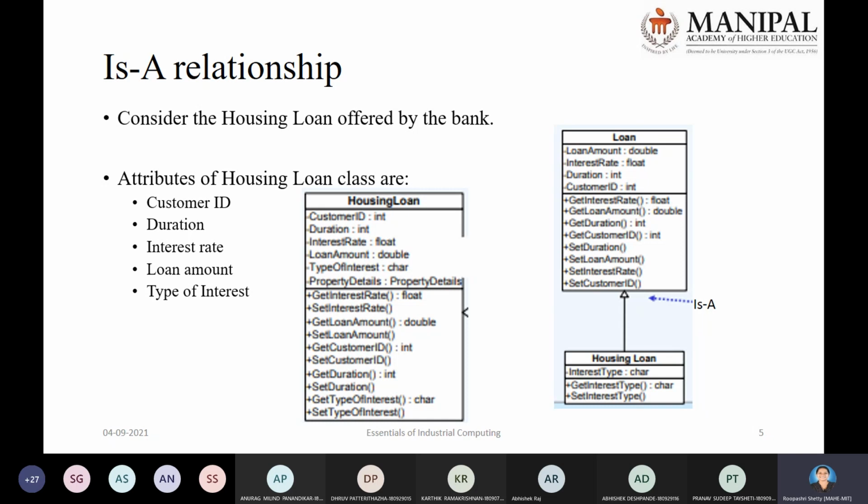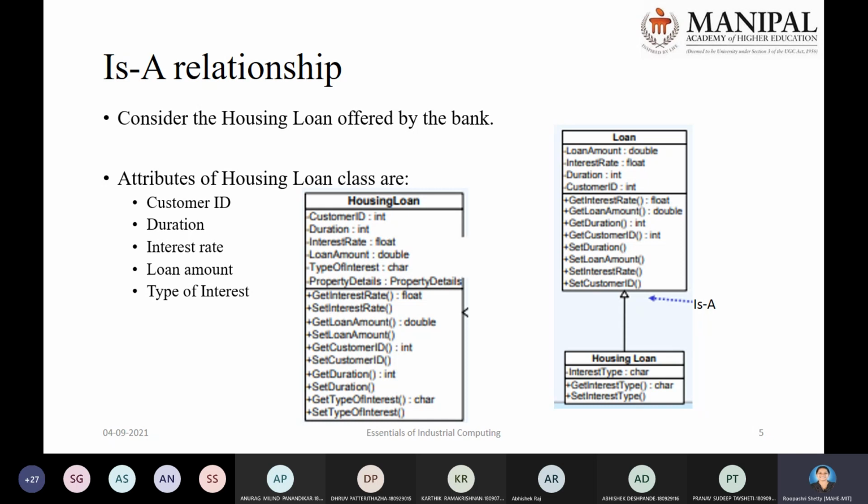It is specifically for a type of loan. Say housing loan has a type of interest as floating or fixed. But in general, a loan will not have the type of interest. It is like you take this particular amount, on this much of the interest, this is the EMI you are supposed to pay for this much of the duration. That is the criteria of loan.